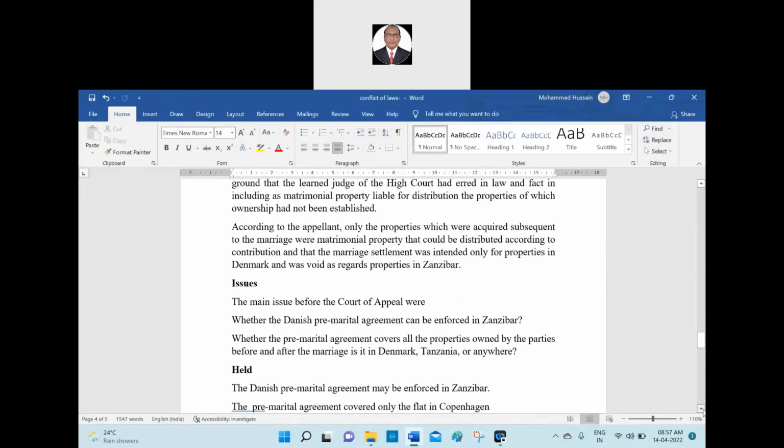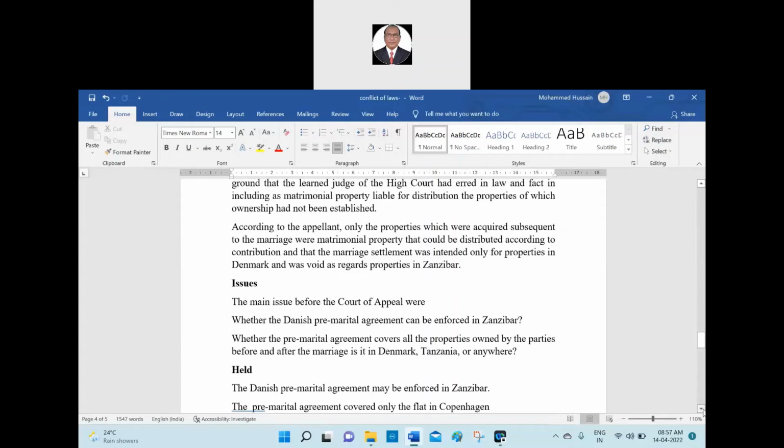According to the appellant, only the properties acquired subsequent to the marriage were matrimonial property that could be distributed according to contribution, and the marriage settlement was intended only for the properties in Denmark and was silent regarding properties in Zanzibar.